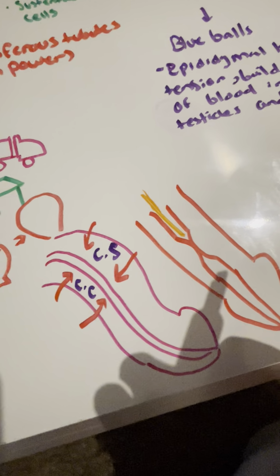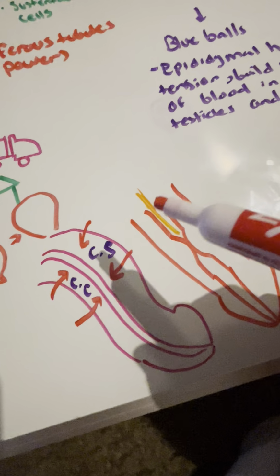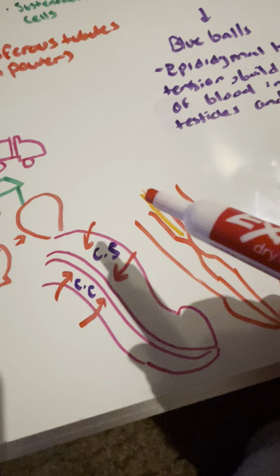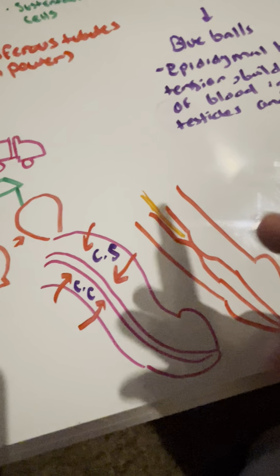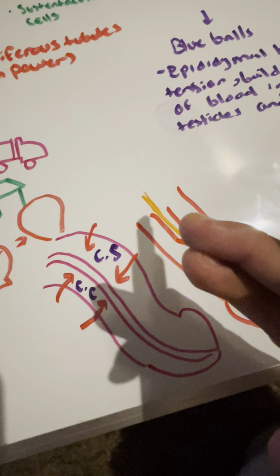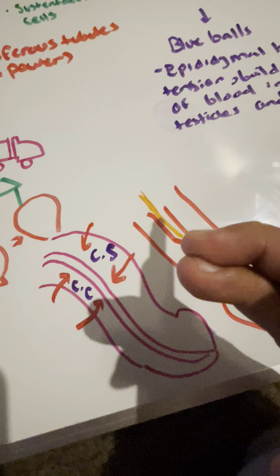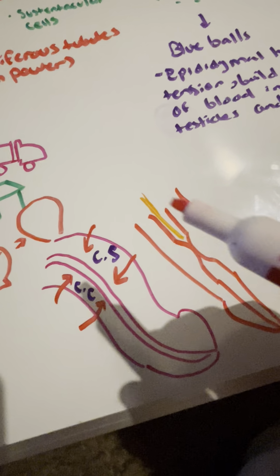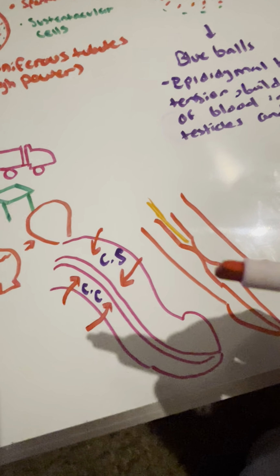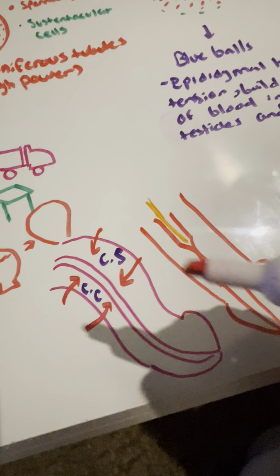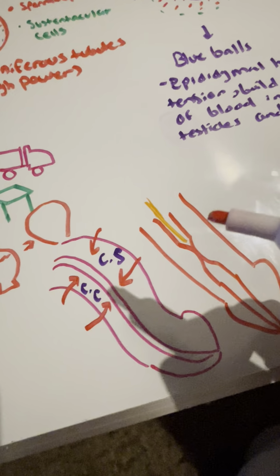Both sperm and urine go through the urethra, so with this pinching we would not be able to get our waste, like urine, or sperm out of our body.